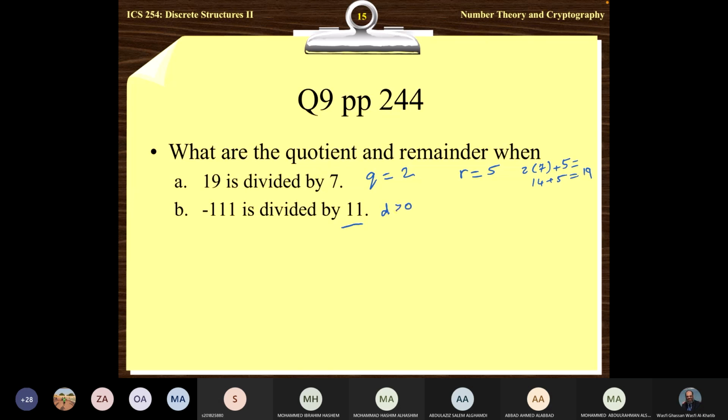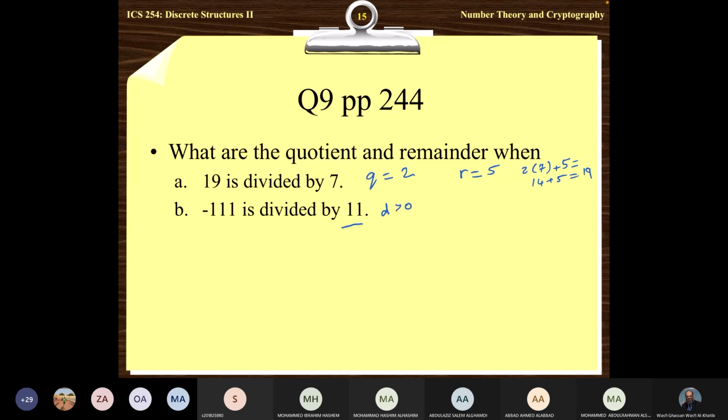But now we're talking about quotient and remainder with respect to a specific value D, so D has to be positive, because R, the remainder, is going to be greater than or equal to 0, strictly less than D. Fine.